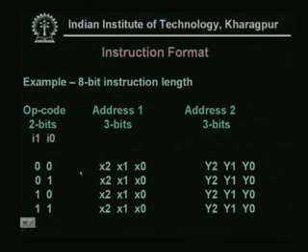Now, what we do is, can it be represented by 3 2-address instructions? So, instead of 4, we are considering 3.